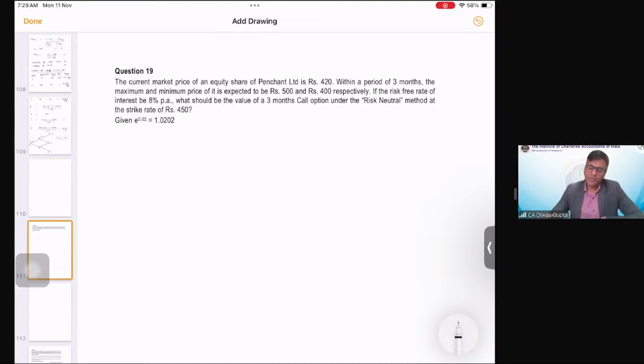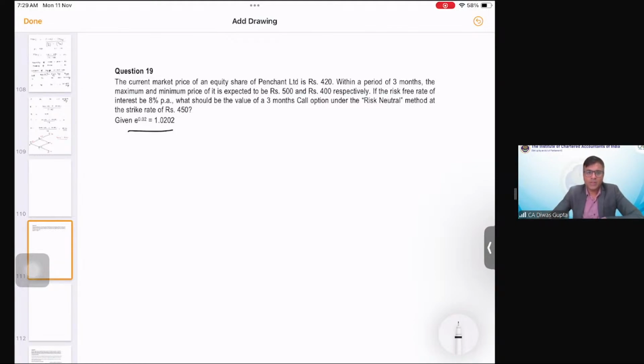If the risk-free rate of interest be at 8% per annum, what should be the value of a 3 months call option under the risk neutral method at the strike rate of rupees 450? And we have been given e raised to the power 0.02 as well.